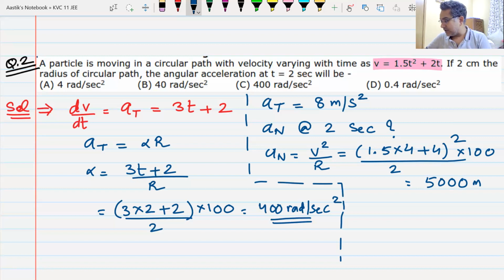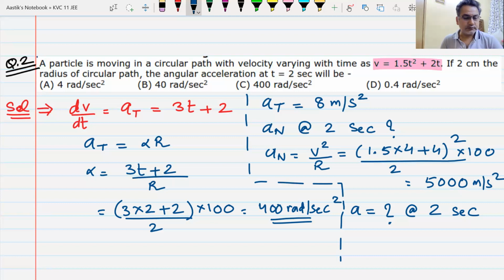Now the third and last question would be to find out the acceleration of this particle at 2 seconds. Can you do that? 5008, sir.